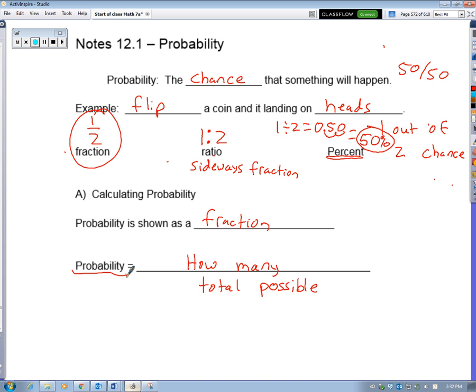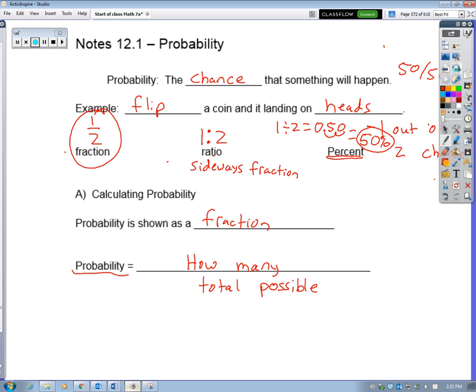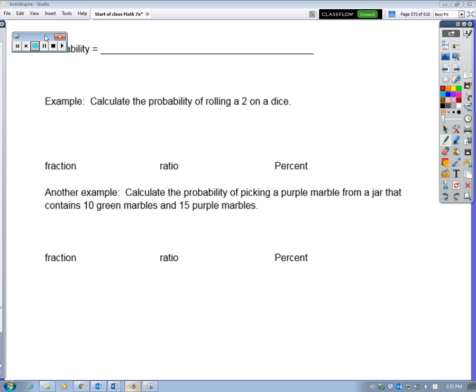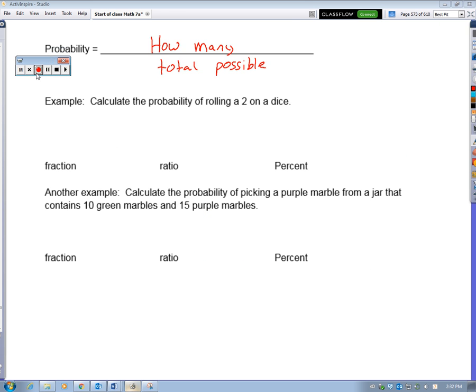Okay, so let's take a look at some examples to see how we would go about calculating probability. So here's our first example: calculate the probability of rolling a 2 on a dice. Looking at a dice, it has 6 sides.